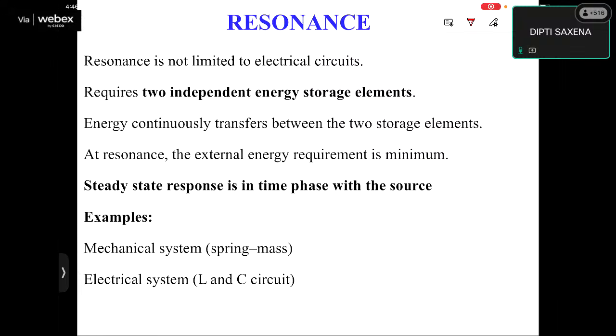So what happens at resonance, if I talk in terms of an electrical circuit? At resonance in a steady state, when the driving frequency is equal to the natural frequency of the system, the steady state response is in time phase with the source. Do you remember in which circuit the steady state response was in time phase with the source? We have studied R circuit, L circuit, C circuit, and RL circuit.